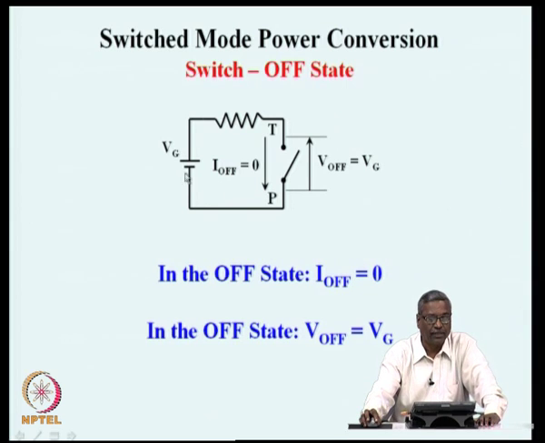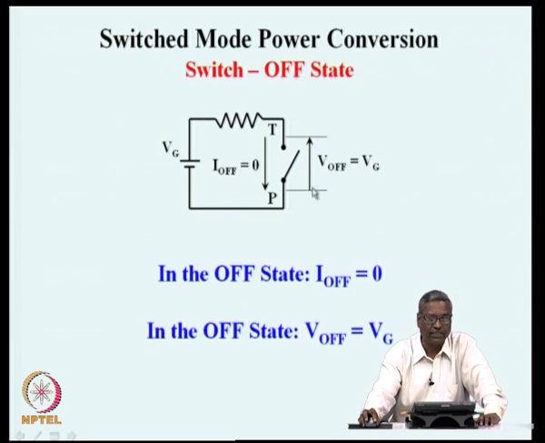For example, in the circuit that is shown here, a battery, a resistor and the switch are all connected in series, and the switch is in the off state, and the two defined quantities are the off state current, which we know is 0 because that is the primary characteristics of an off state switch.